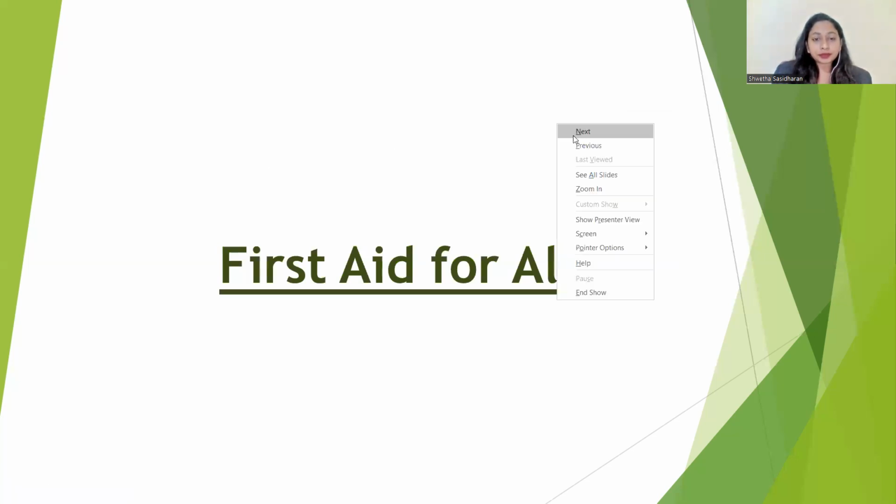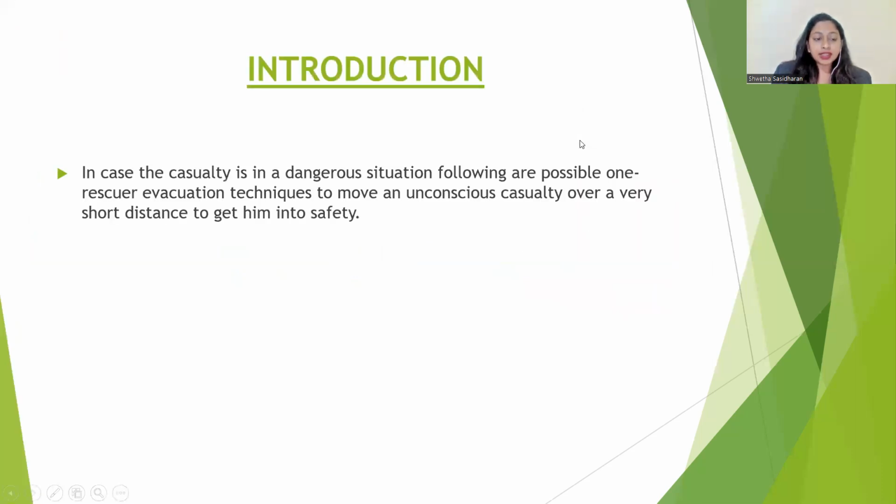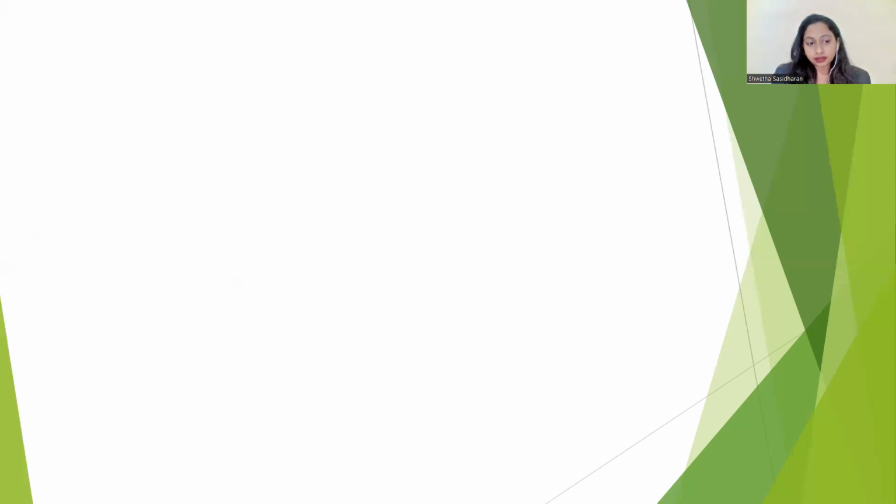First off is the introduction. In the case of a casualty in a danger situation, the following are the possible rescue or evacuation techniques to move an unconscious casualty over a very short distance to get them to safety. Make only one attempt to rescue a casualty, and only if the scene is safe for yourself.